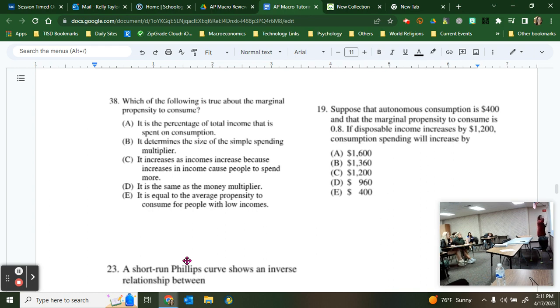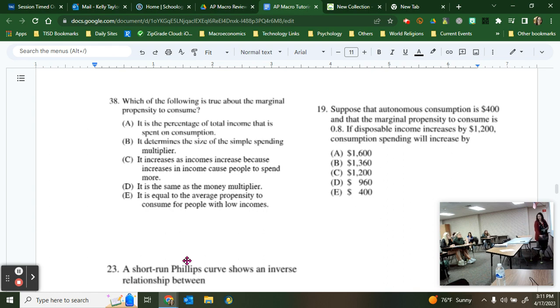If MPC is 0.8 and 0.8 is equal to change of consumption over change of income, and the change of income is $1,200, you're solving for consumption, and it's 960. Because that is 80% of $1,200. If you just multiply 1,200 times 0.8, you'll get the same number.